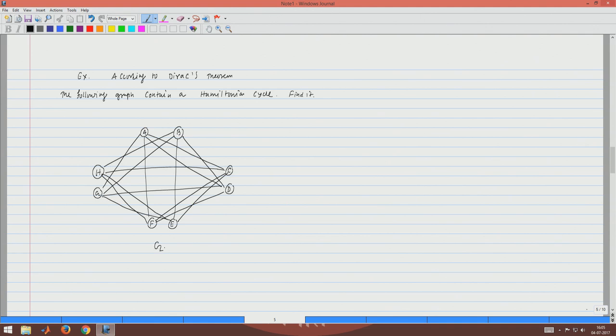I am giving this example to illustrate Dirac's theorem. This graph has 8 vertices, and you can see that the degree of every vertex here is equal to 4. So, 4 is greater than or equal to n by 2, which is 8 by 2 equal to 4.